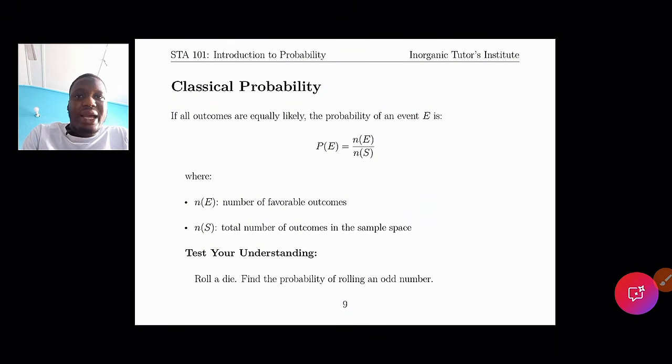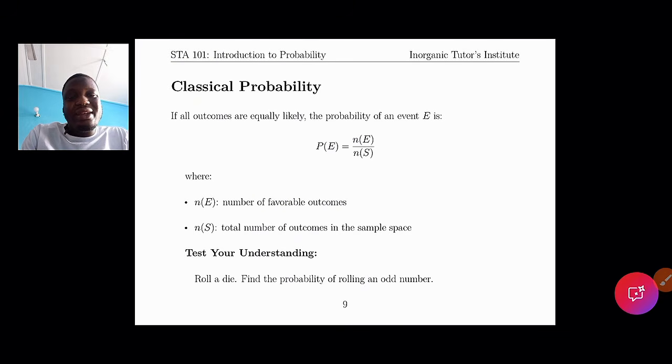Similarly with a die, when you roll a die, the chances of getting 1, 2, 3, or 6 is the same. And with selecting marbles that we just saw, there's an equal chance that you pick the first red marble, and an equal chance that you pick the third green marble. The chances of picking any one of them is the same.